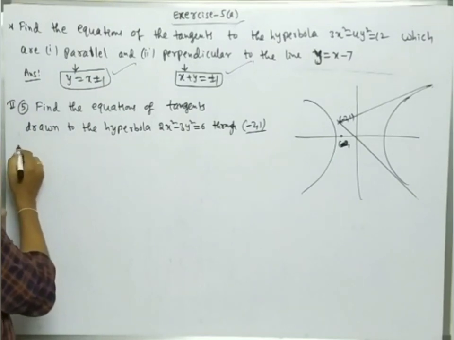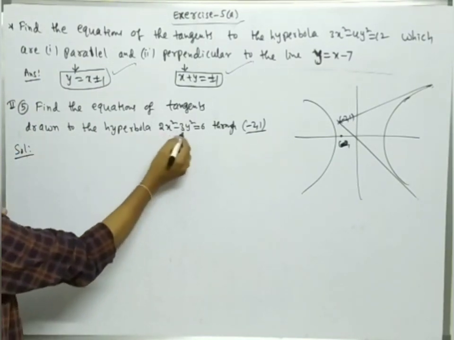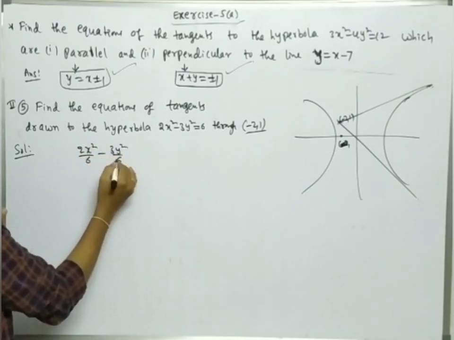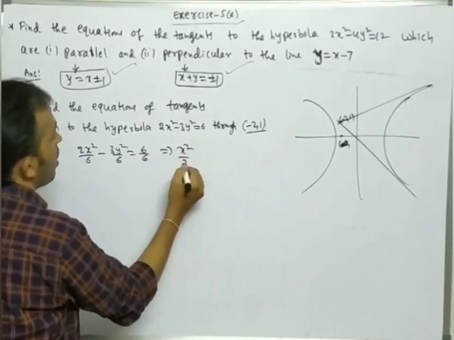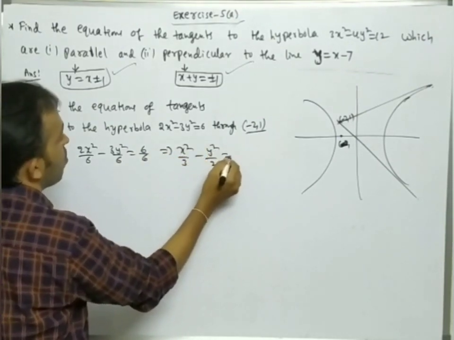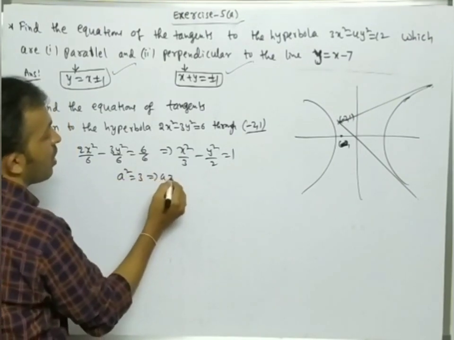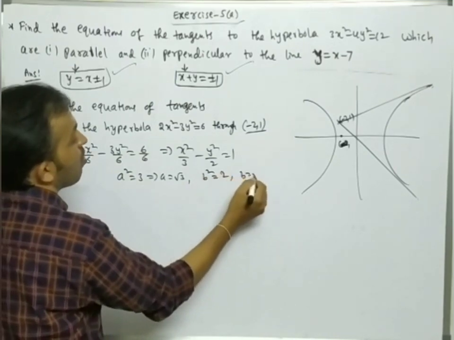Here the point is not on the hyperbola, so first convert it into standard form. Divide with 6, you will get x square by 3 minus y square by 2 is equal to 1. So a square is equal to 3, then a is equal to root 3, b square is equal to 2, then b is equal to root 2.